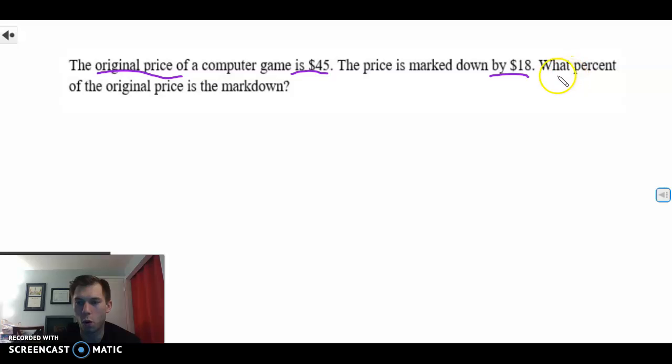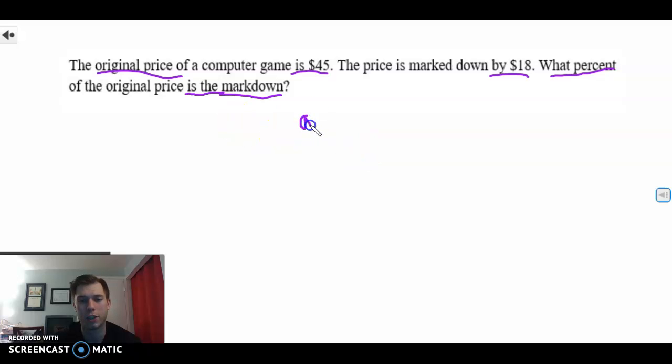We want to know what percent of the original price is going to be the markdown. Okay. Notice how this says is the markdown. Okay, the markdown is actually representing our part, and the original price, okay, is the whole. Anytime you see original amount, that's always going to represent your whole.